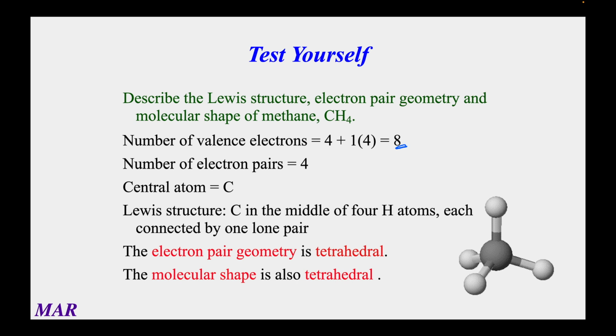We usually divide the valence electrons by 2 to get 4 pairs. Carbon is the first atom listed, so probably that's going to be the central atom. Hydrogen can never be the central atom, so that makes that easy. Carbon is in the middle of the 4 H's. We drew bonding pairs to connect them. So carbon had 4 bonding pairs, no lone pairs, when you drew the Lewis structure.